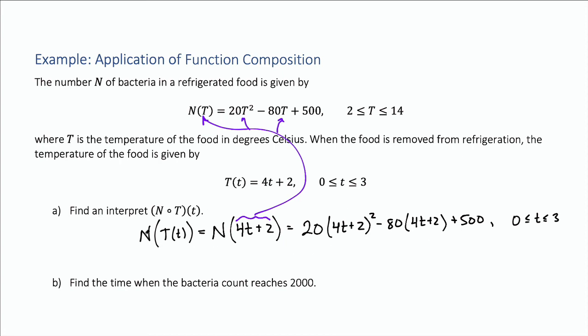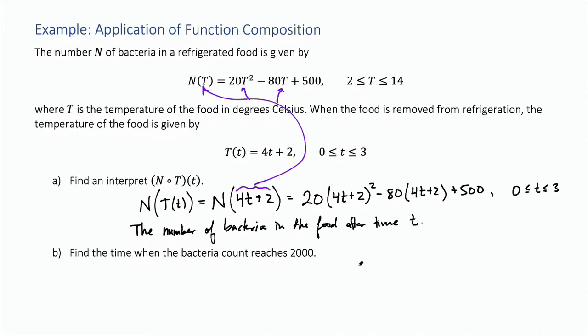Well, the output of the last thing we did here was N. So this is the number of bacteria in the food after time t.